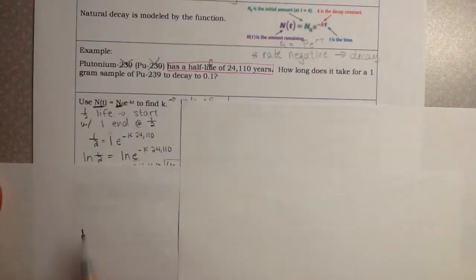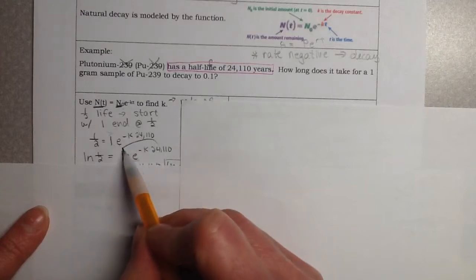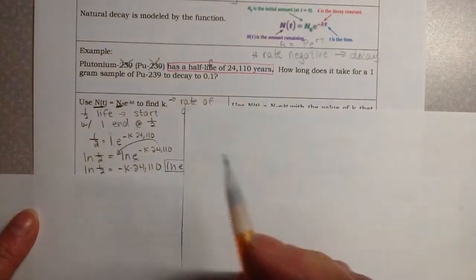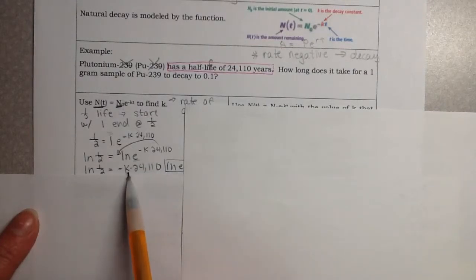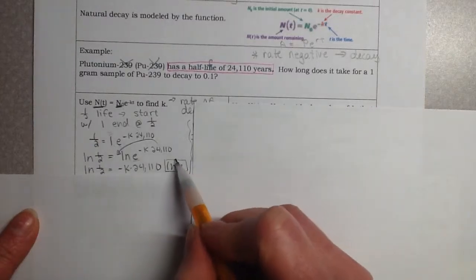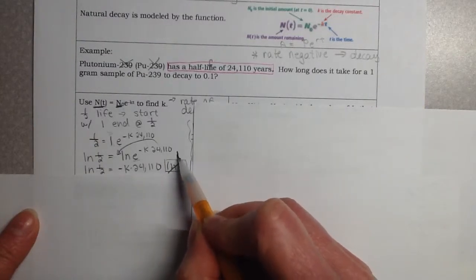If I had been using a base of 10, then I would use log. So I add a natural log to both sides, which now allows me to bring this out in front. And now I have negative K times 24,110 times natural log of e.